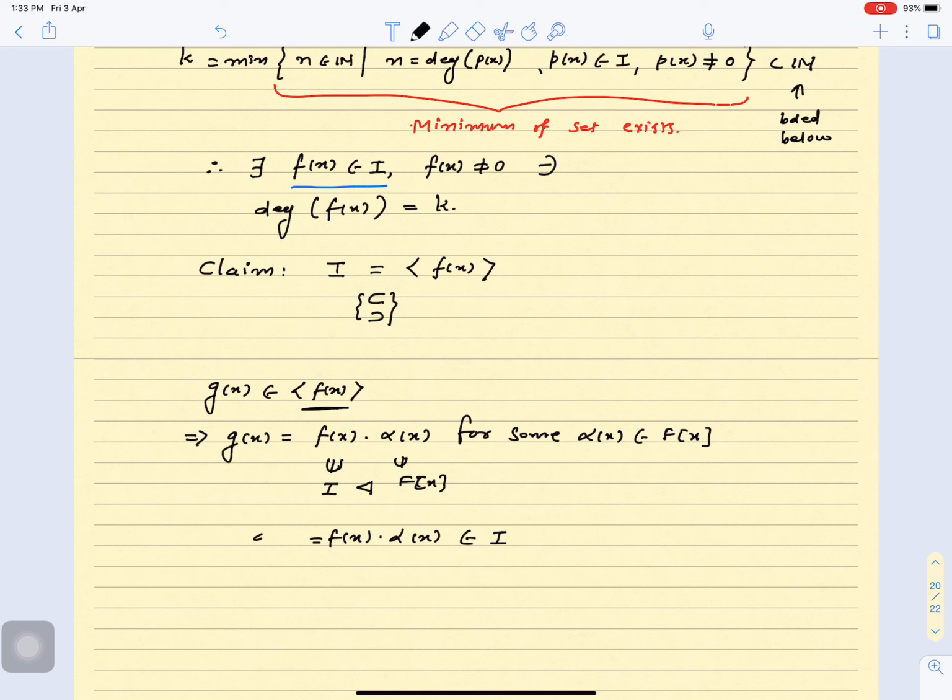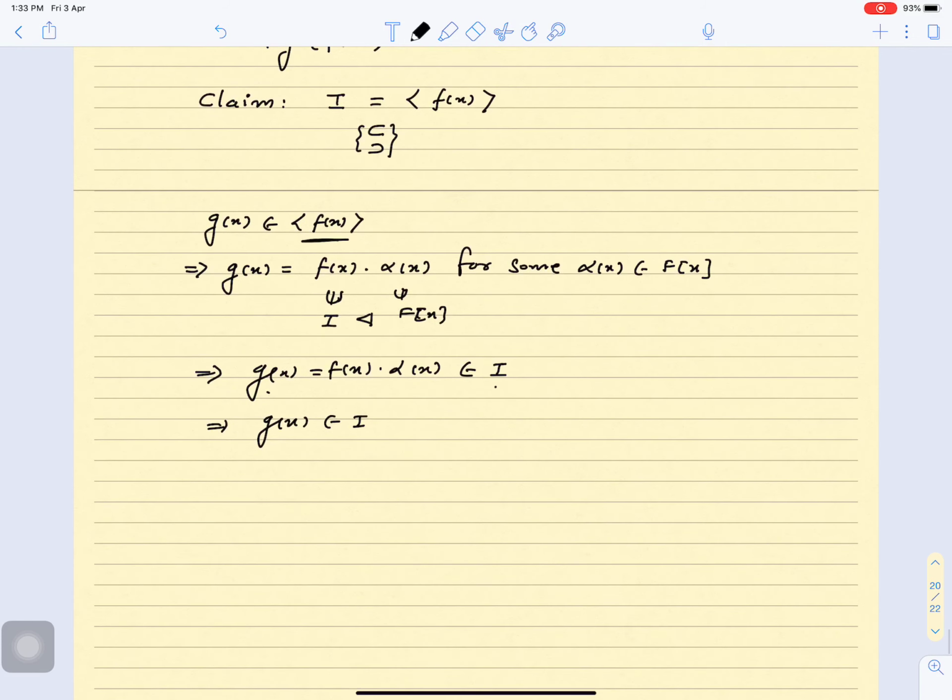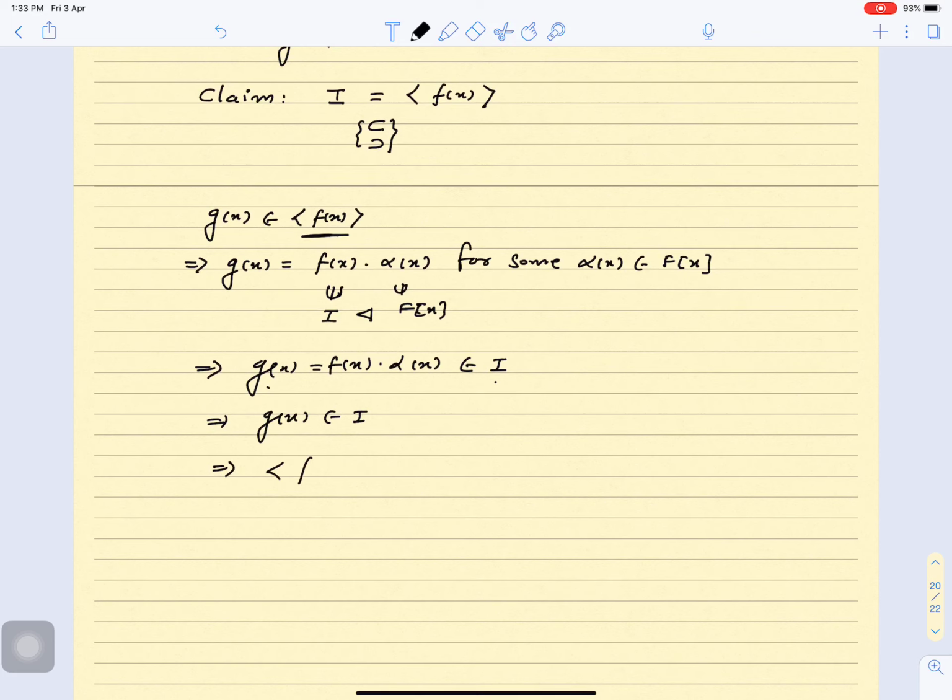But this is nothing but g(x), so g(x) belongs to I. So we have considered g(x) from the ideal generated by f(x), and it is in I, so the ideal generated by f(x) is a subset of I. So one way is clear. This inclusion is clear.